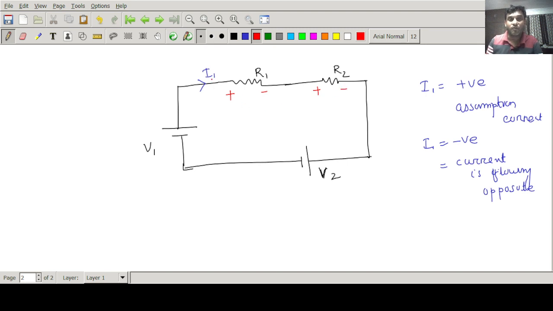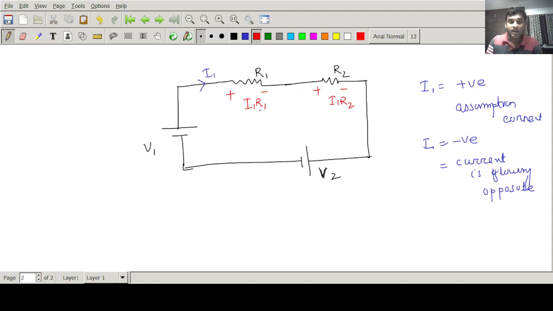So I1 amount of current is flowing, and the resistance will be R1, so the IR drop will be I1 into R1. Similarly here, I get I1 into R2.